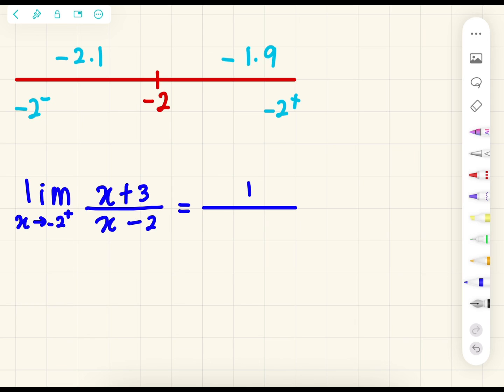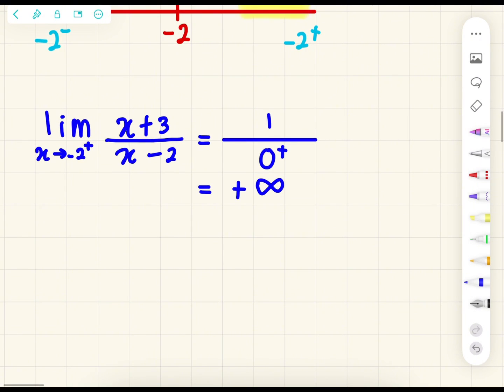So we use the value from the right, which is negative 1.9. Negative 1.9 plus 2 gives a positive number. So here it will be 0 from the right, and 1 over 0 positive gives positive infinity.